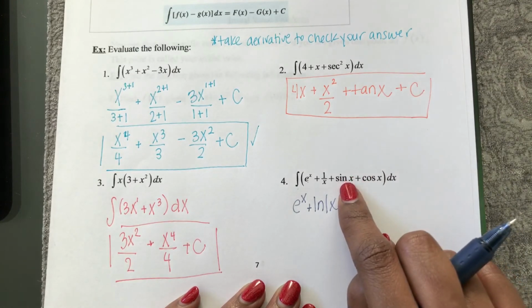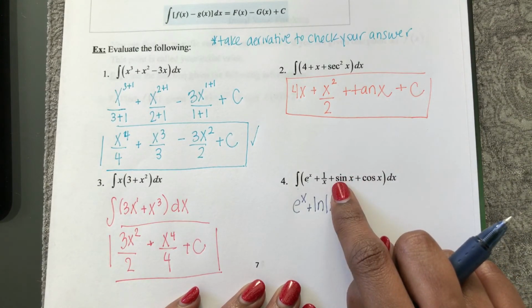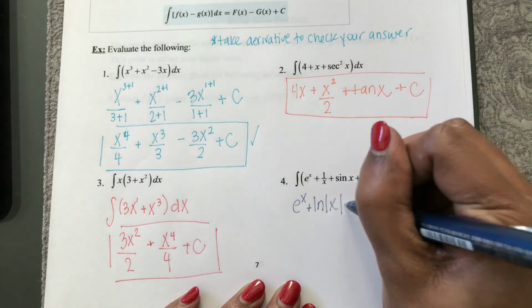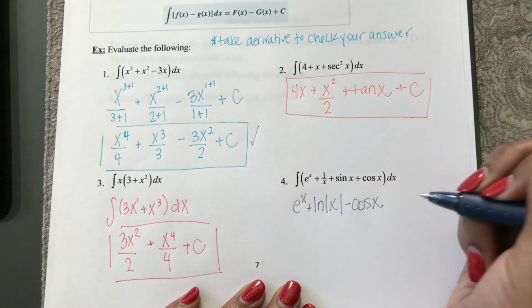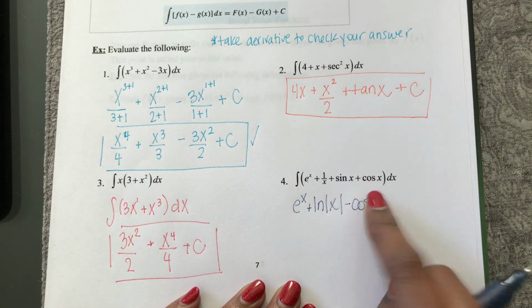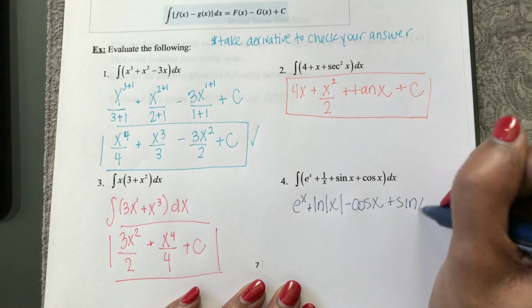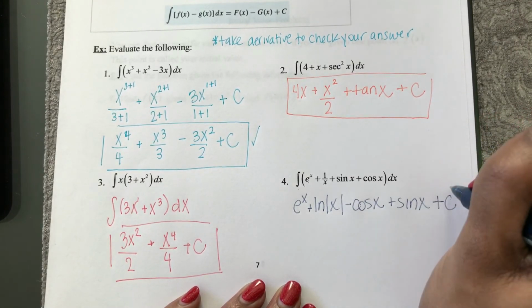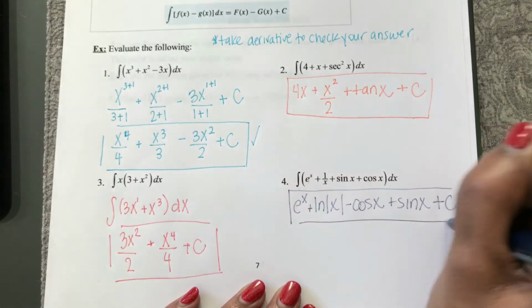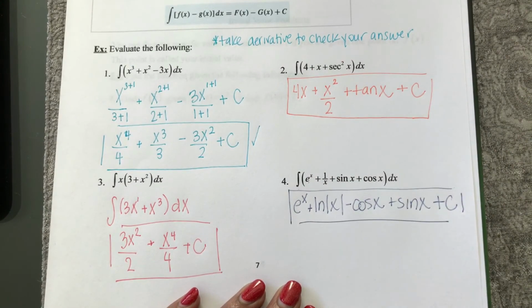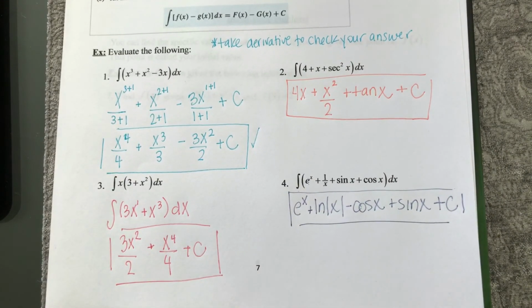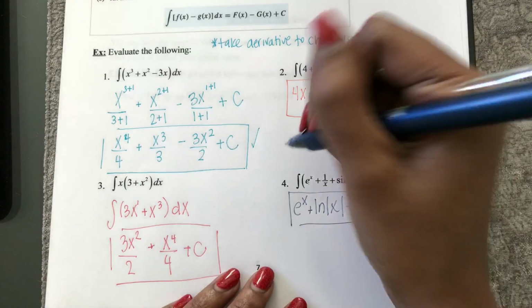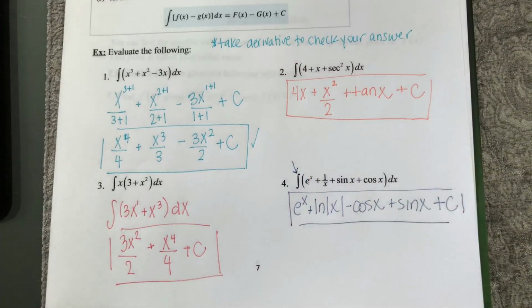Well, the derivative of cosine x is negative sine x, so this has to be minus cosine x. And then the antiderivative of cosine is sine x, and then don't forget your plus c, possible constant, whose derivative could have been 0. So antiderivatives work backwards, and this indefinite integral tells us to find the antiderivative.